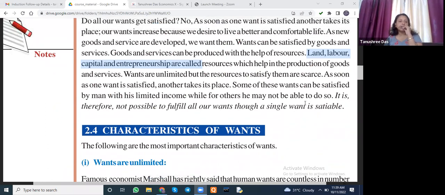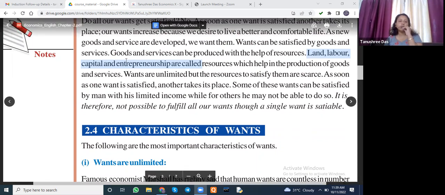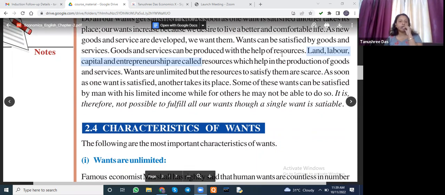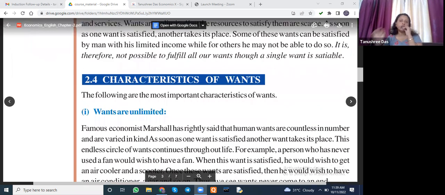So it is not possible to fulfill all our wants, though a single want is satiable. Satiable means satisfiable. You cannot satisfy all the wants because your wants are unlimited and the means to satisfy them are limited. Okay, clear?